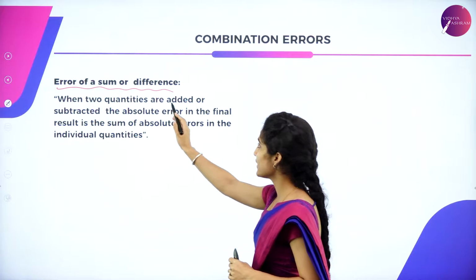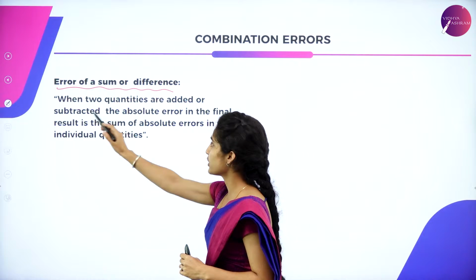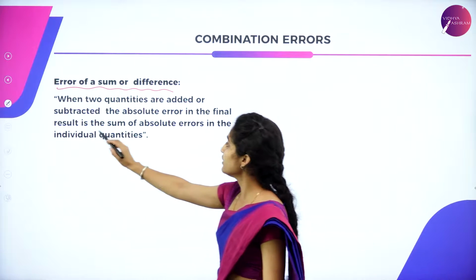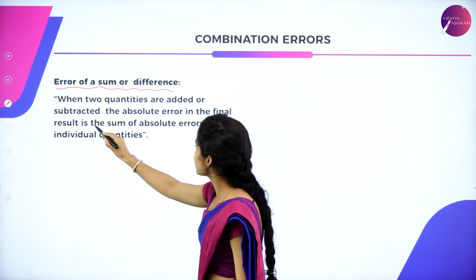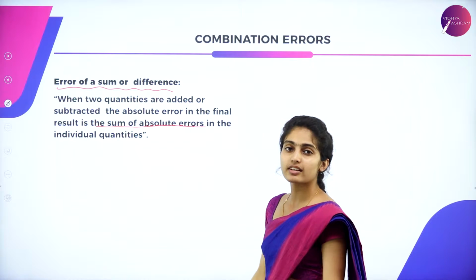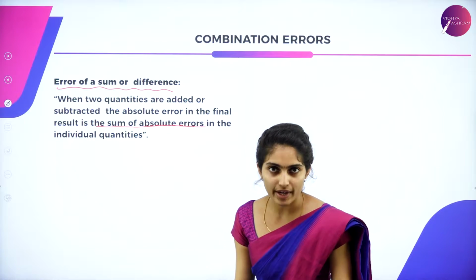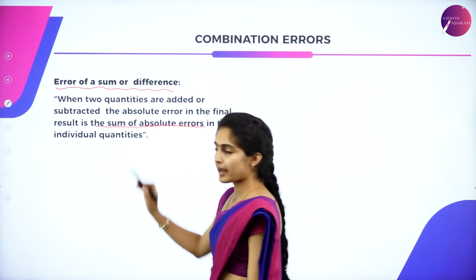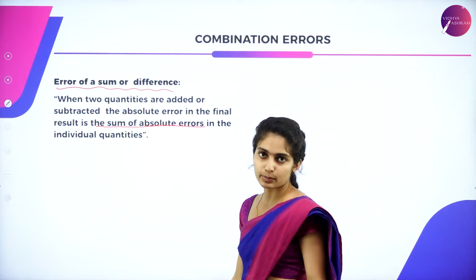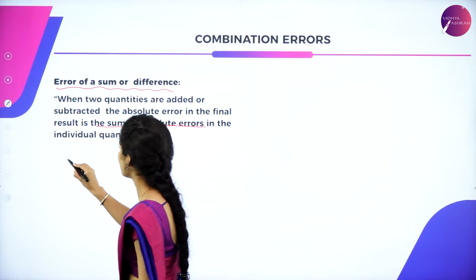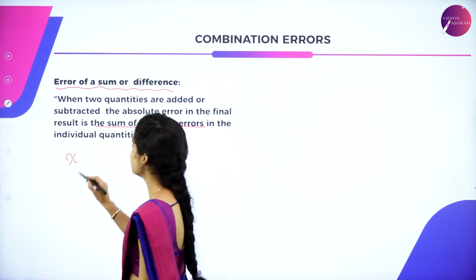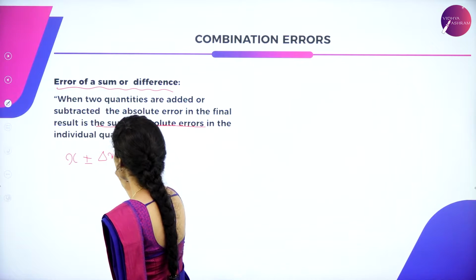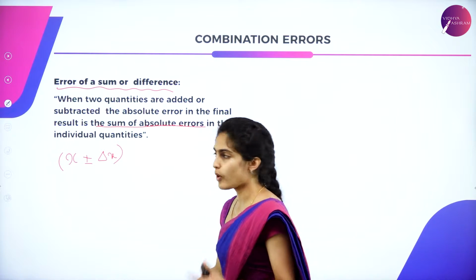When two quantities are added or subtracted, the absolute error in the final result is the sum of absolute error in the individual quantities. Again, you can read the statement. When two quantities are added or subtracted, just imagine x is my quantity, plus or minus delta x is the error of one quantity.